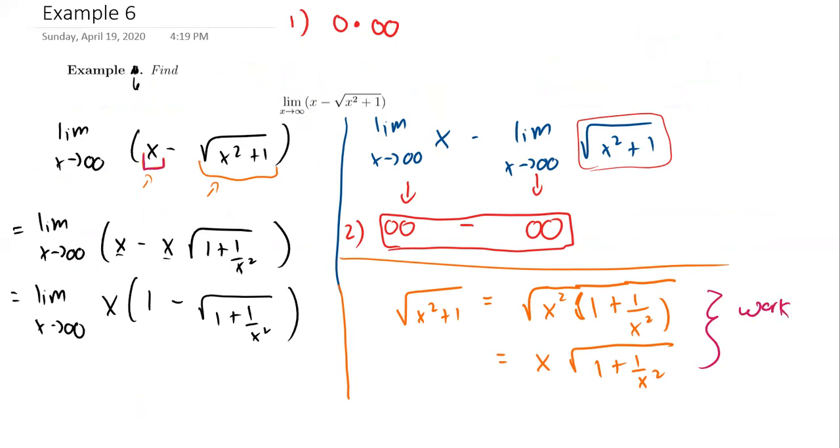But once you have that, you can get it as a product. You should hopefully have something that looks like 0 times infinity when you take the limits of each factor in the product. And of course, since the problems we're going to give you, we're expecting you to be able to do them, they should work. So that's the whole process, and that's the second type of problem, infinity minus infinity.